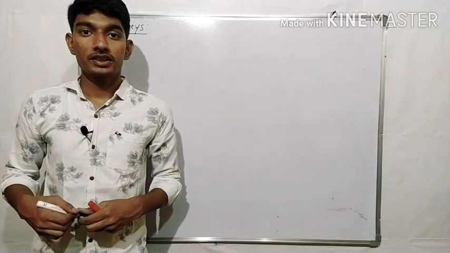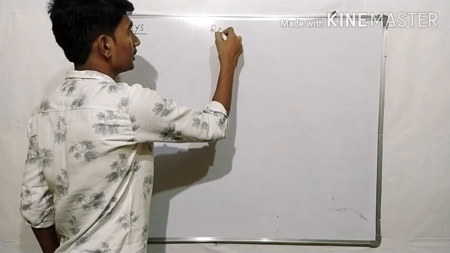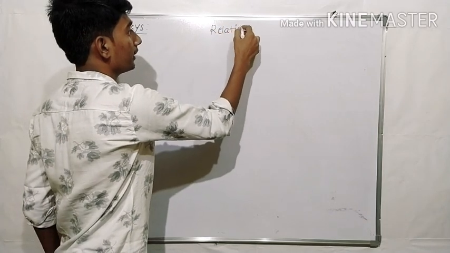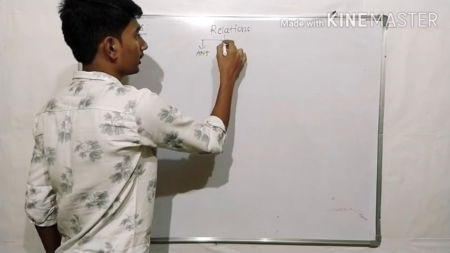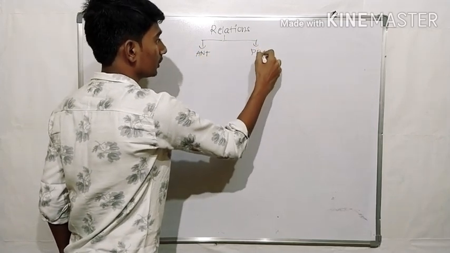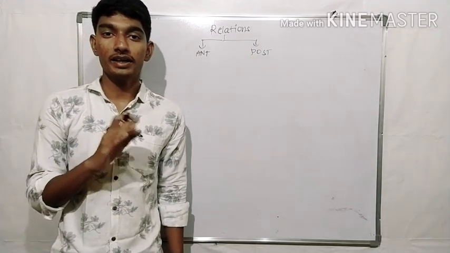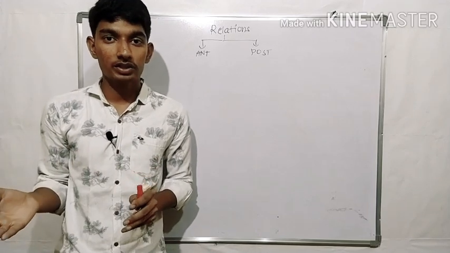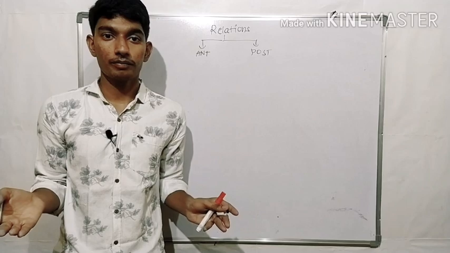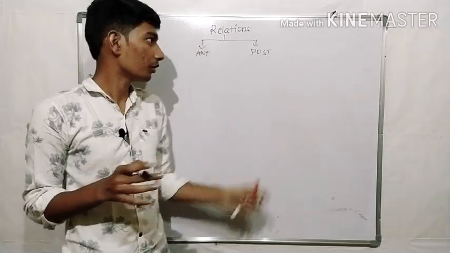Now we will discuss the relations of the kidney. In the relations of the kidney, we have anterior relations and posterior relations. The anterior relations of the right and left kidneys are not the same because we have different viscera on the left and right sides, while the posterior relations are the same.